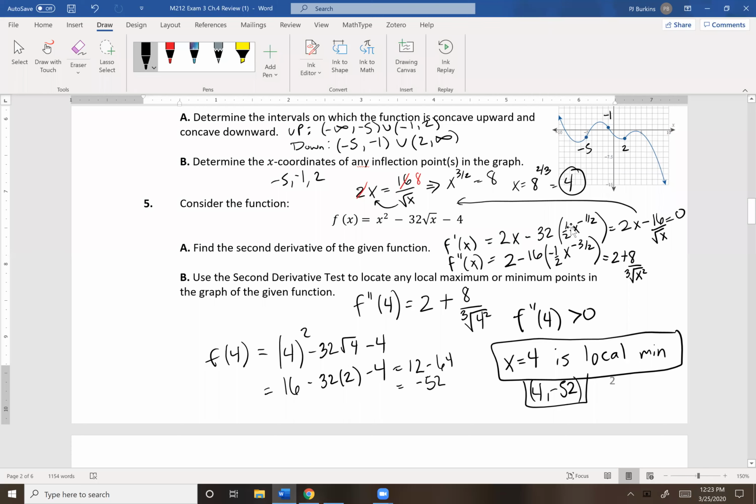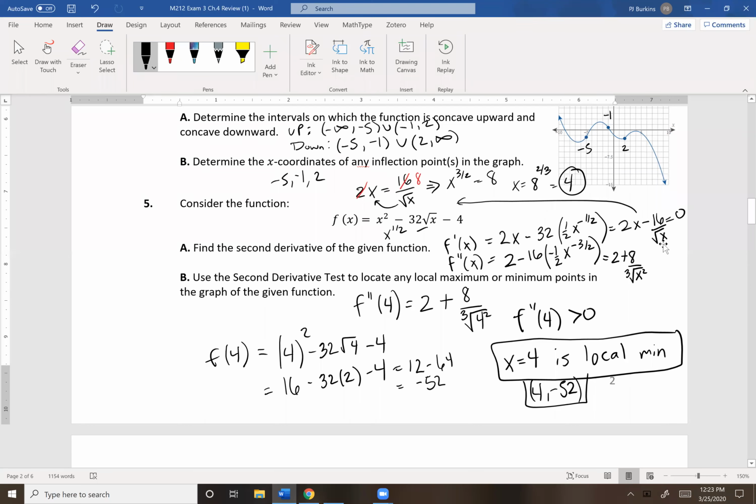Yeah. Okay, so it was square root of x, which remember is x to the 1/2. So when you differentiate it, you get 1/2 x to the minus 1/2. The negative 1/2 tells you that's a square root, and it's in the denominator because of the negative. So I rewrote it that way.